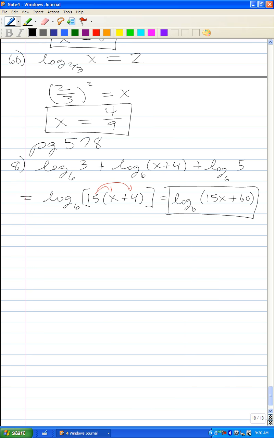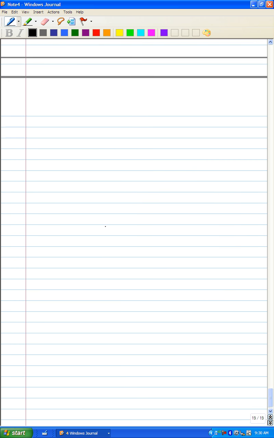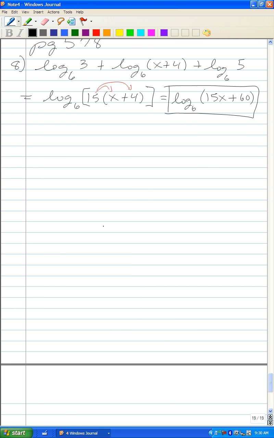Let me do problem number 16. Log base 7 of x plus 9 minus log base 7 of x squared plus 10. Write each difference as a single logarithm.